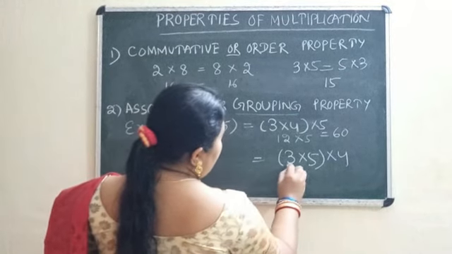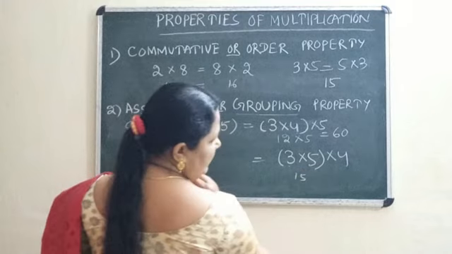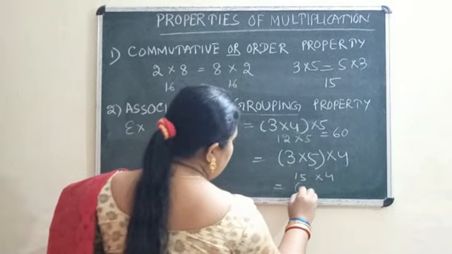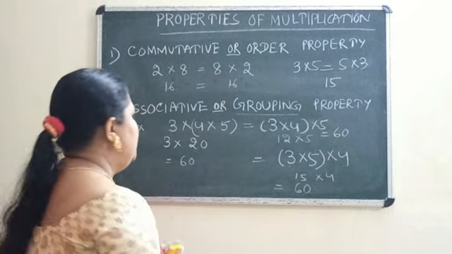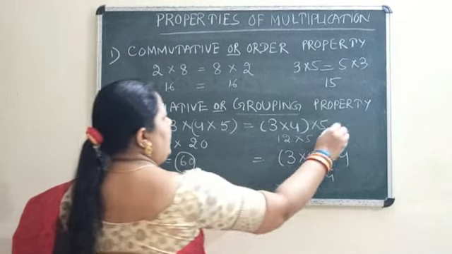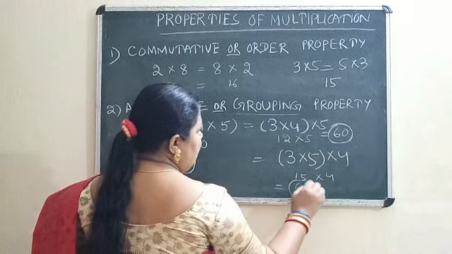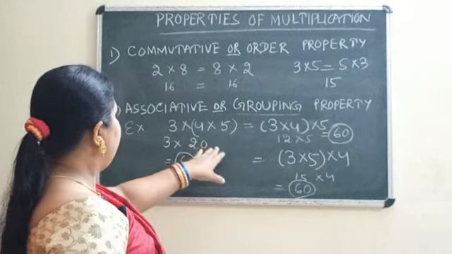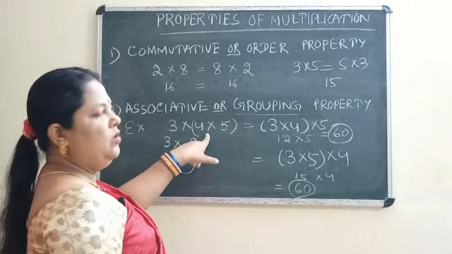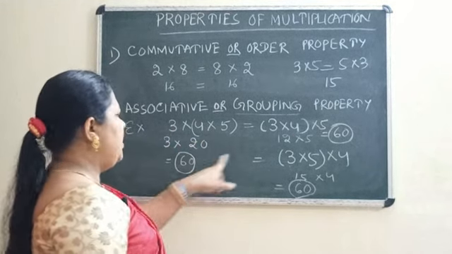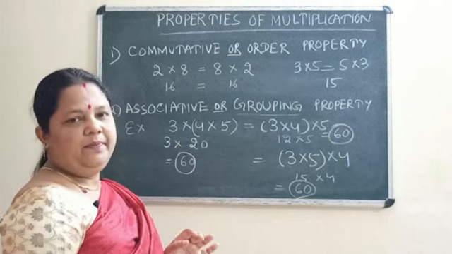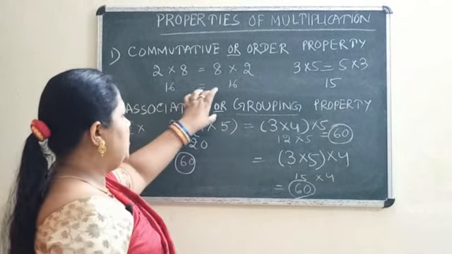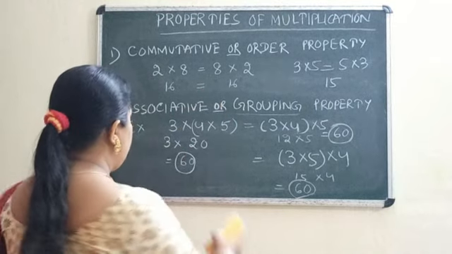Come to this group, 3 5s are how much? 15 into 4. 15 4s are how much? 60. So see, everywhere we are getting 60. Clear? So what do you understand? You may change the groups, but the product remains the same. This is your second property, that is associative or grouping property.